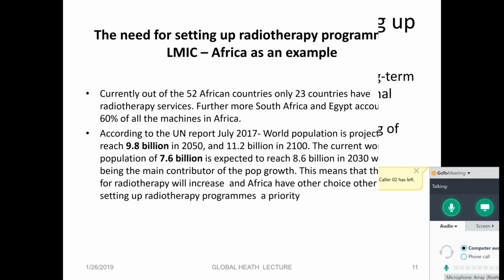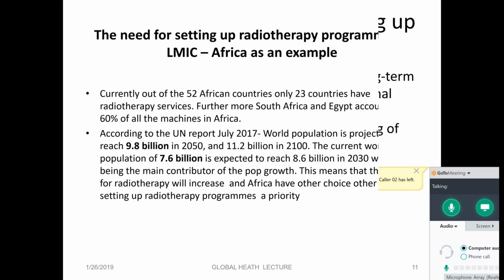In conclusion, no effort to make radiotherapy accessible in low and middle income countries, or Africa for that matter, is too big. One shouldn't look at these investments as big, because if you look at other things that you are investing in, they are a lot more expensive than radiotherapy.